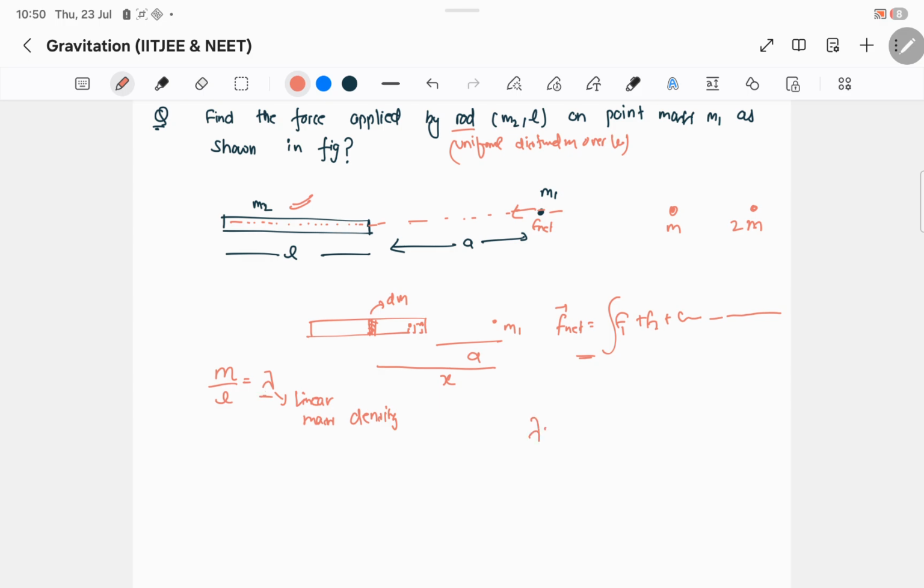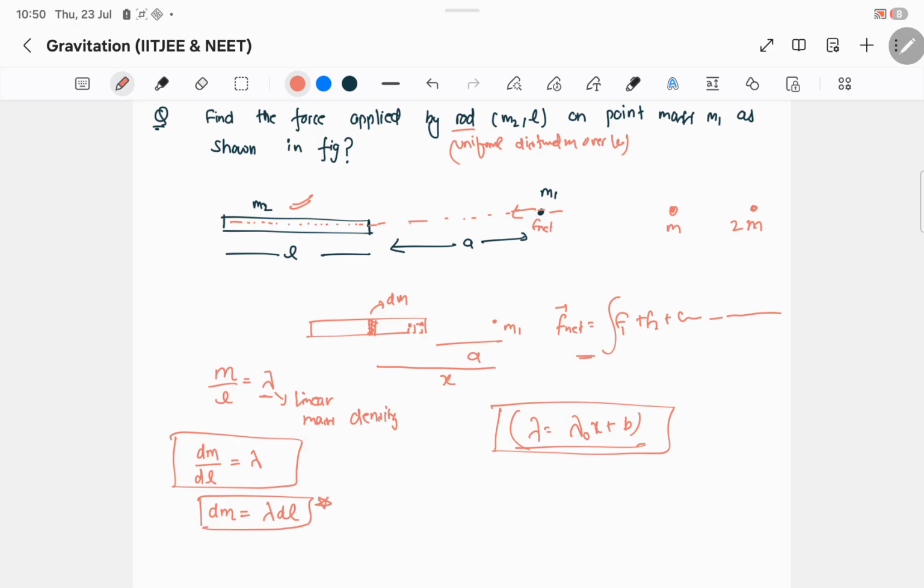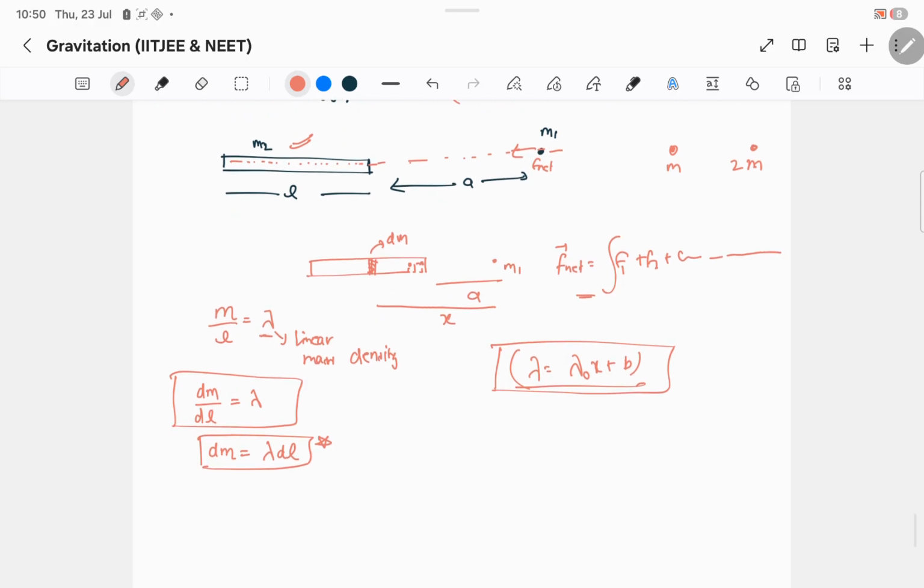Okay, if non-uniform, they will give lambda like lambda naught x plus b, something like this. Okay, but here no need to worry about it, you only must know this. So even if you take a small mass and small l, this mass per unit length is going to be the same. So from this you can derive a relation: small m, that is dm, will be lambda times dl. Okay, so this is important, you have to write it. Now you can forget about everything.